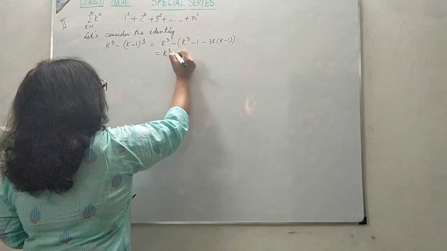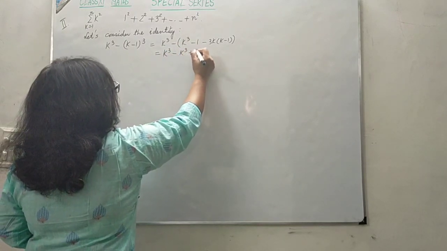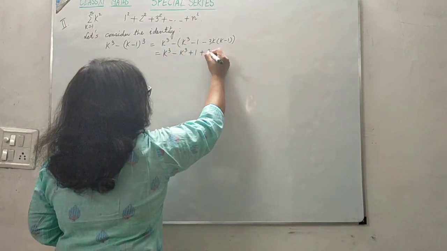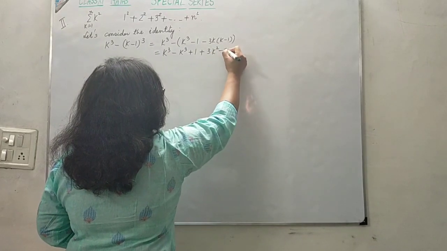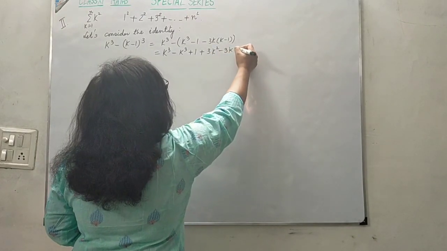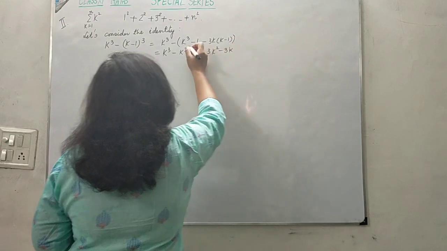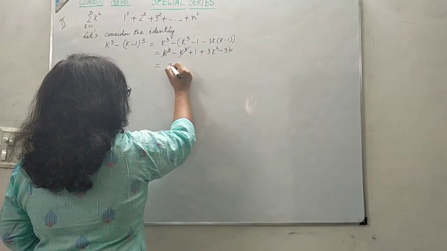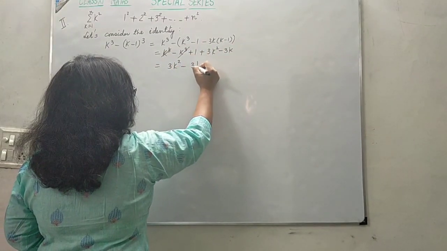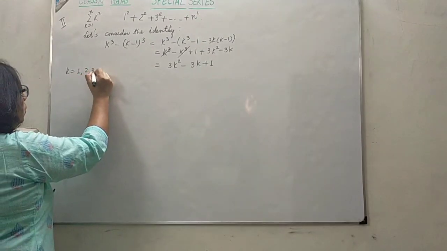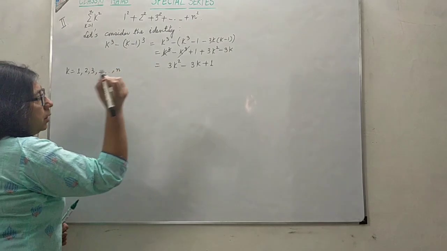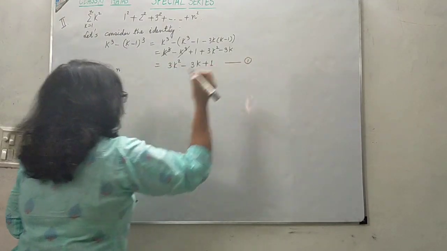And this we are left with. Substitute k as 1, 2, 3 and so on in this particular equation.